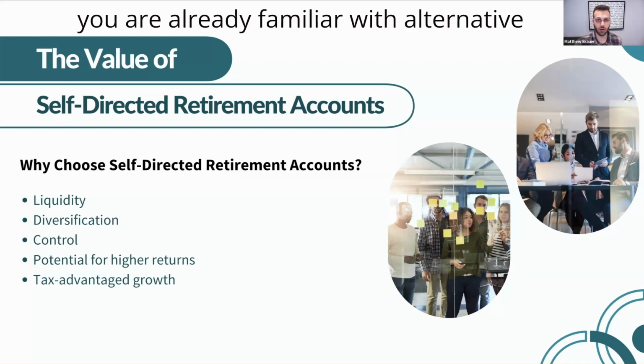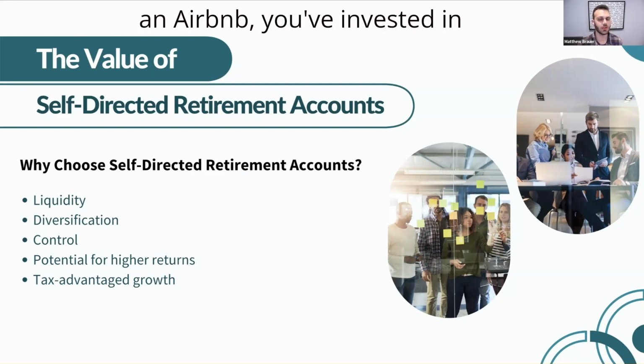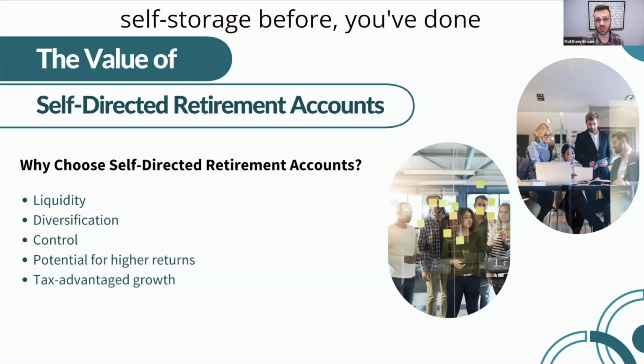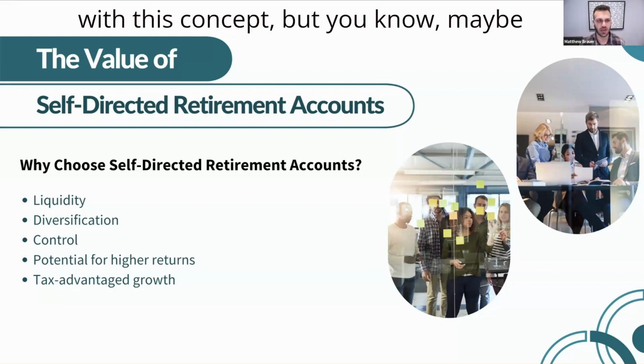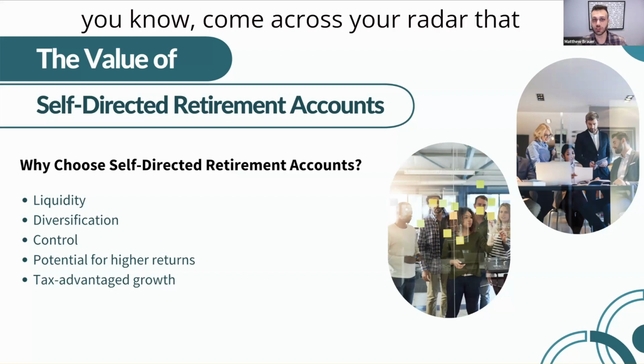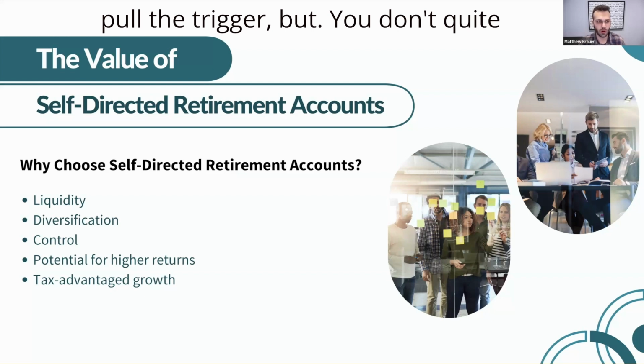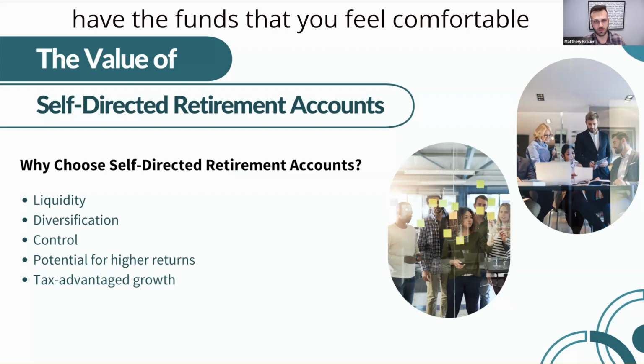Say you are already familiar with alternative investments. Maybe you've got a short-term rental, you've got an Airbnb, you've invested in self-storage before, you've done something like that. So you're familiar with this concept, but maybe you're listening and a deal has come across your radar that you're interested in, you're ready to pull the trigger, but you don't quite have the funds that you feel comfortable putting up.